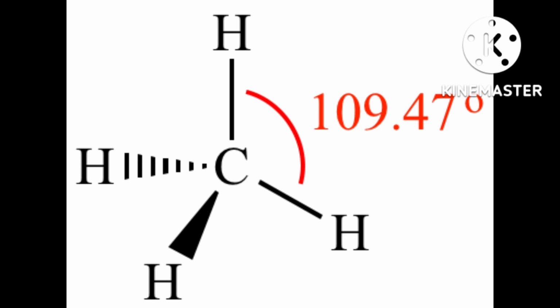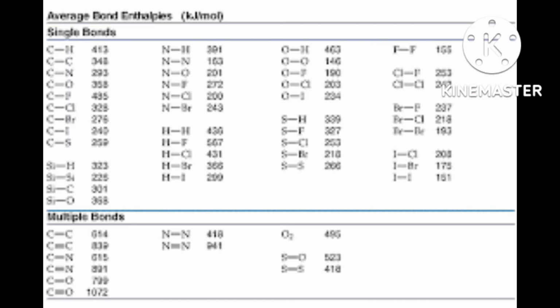HCl is in gaseous state and you want to break it into H and Cl in gaseous state. All this you have to consider in gaseous state only. For HCl, 431 kilojoule.